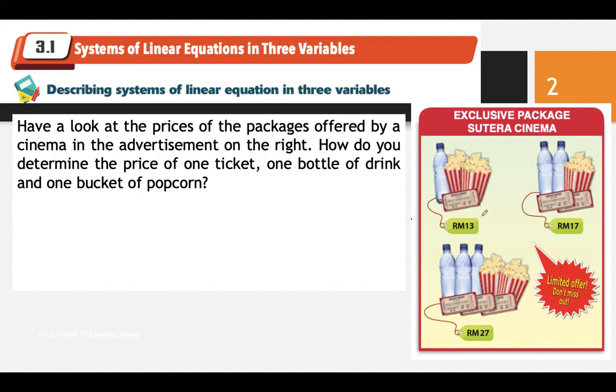There are three limited offer packages. Which one would you prefer? Which one is worth it? So you may find the x, y and z.